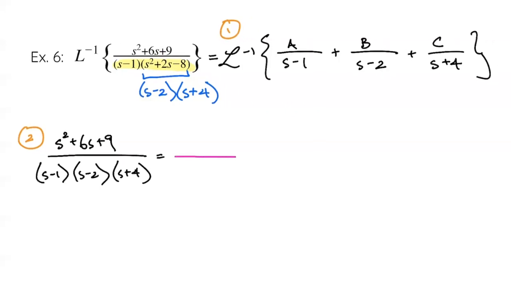Okay, so the first thing I want to multiply is A over s minus 1. And I notice that this has an s minus 1 like the denominator on the other side. However, it does not have s minus 2 times s plus 4. So that is something that I need to multiply there.